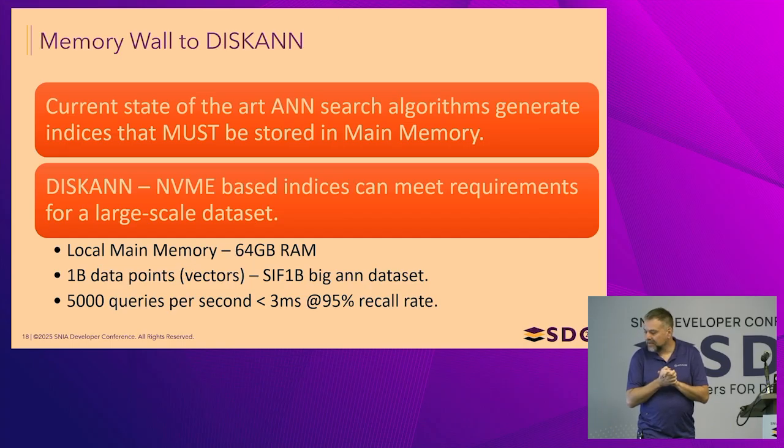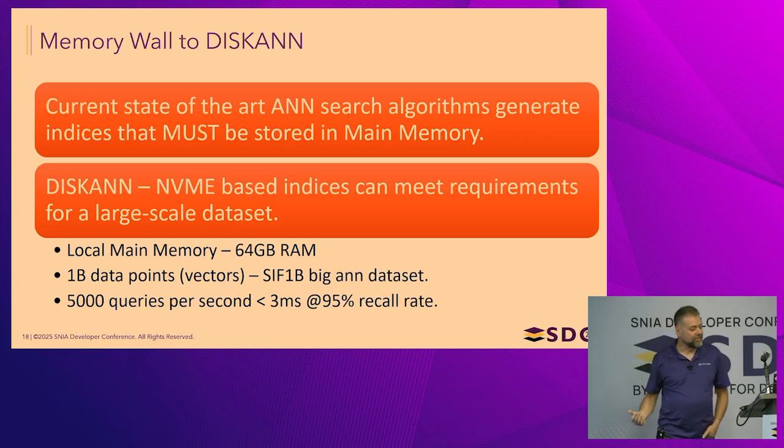But by creating different techniques to build those indexes, you can achieve the same quality that you would expect from HNSW, from ANNs, which are all based in memory, with disk offload.